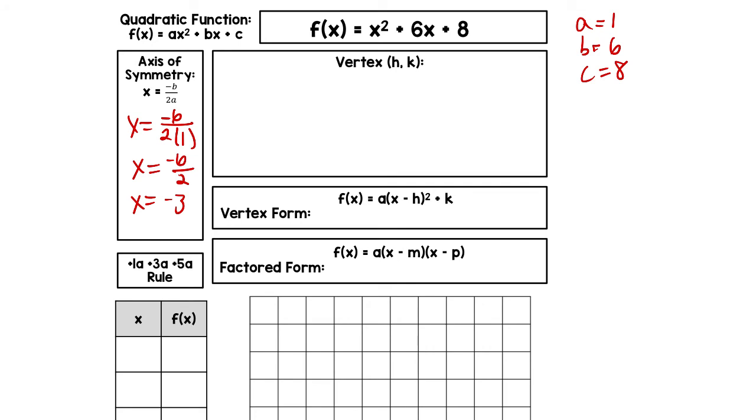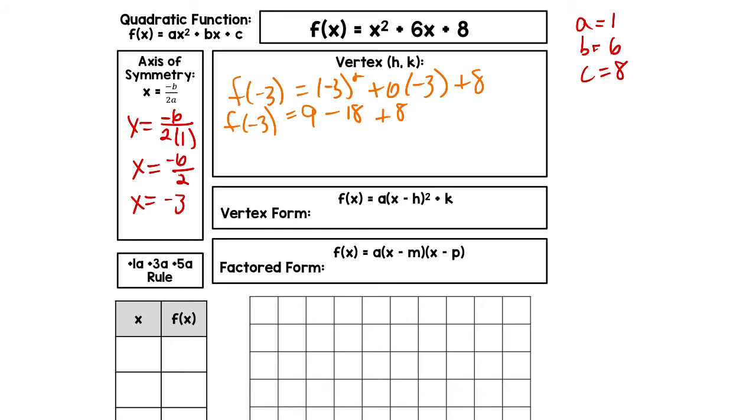We plug that into our equation and get f of negative 3. And that's negative 3 squared plus 6 times negative 3 plus 8. F of negative 3 is 9 minus 18 plus 8.